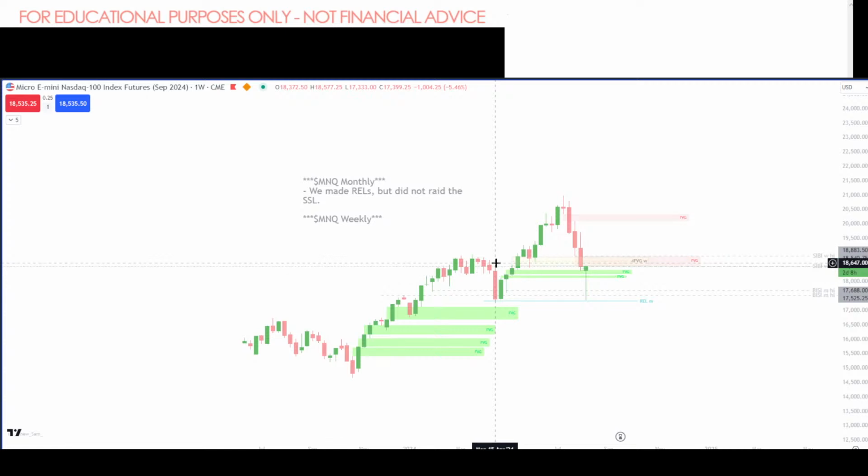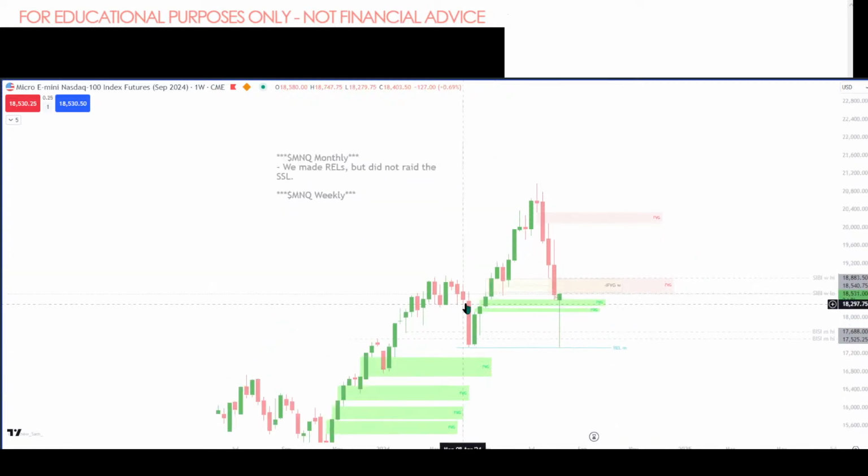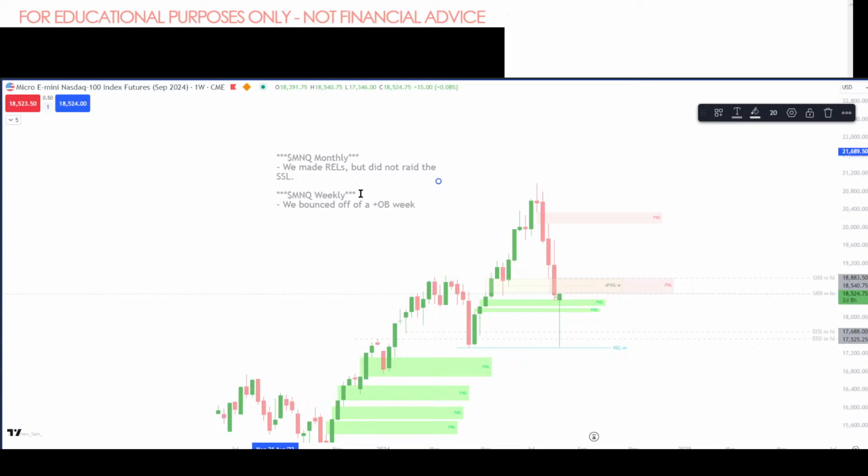I believe this would qualify as a bullish order block. Is it accurate to say, I think it's accurate, right, that we bounced off of a bullish weekly order block?